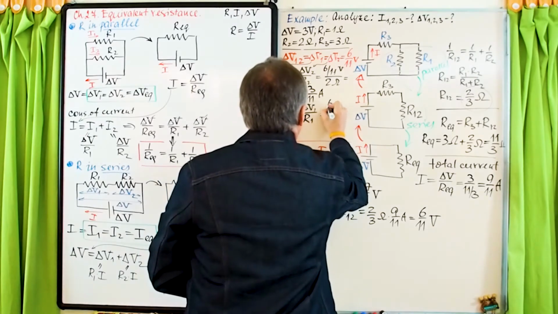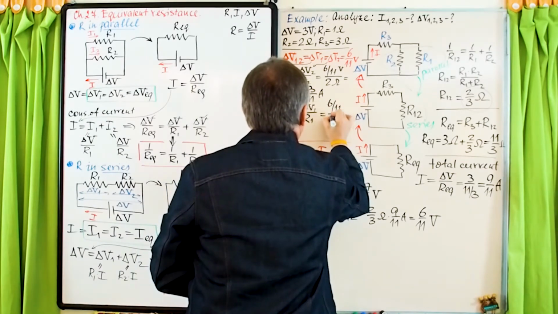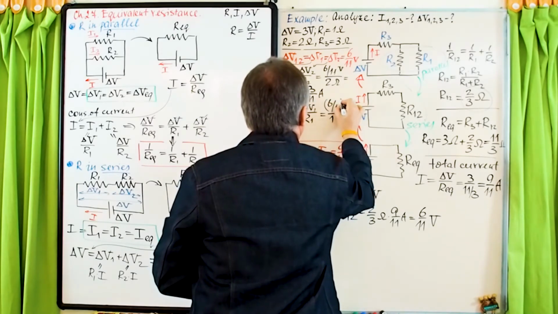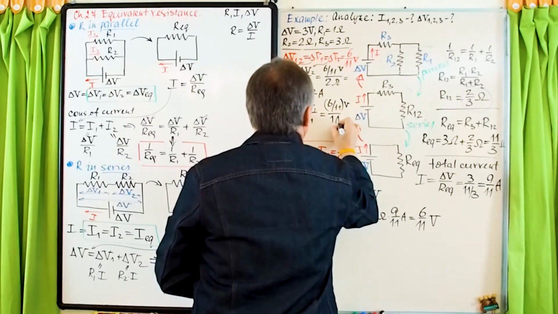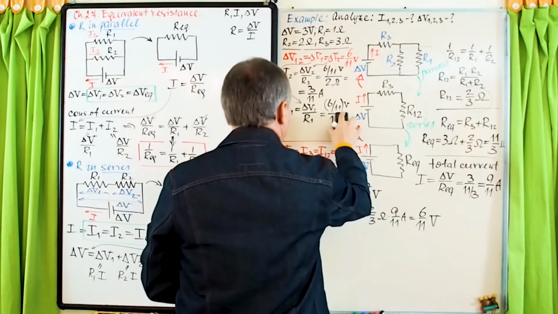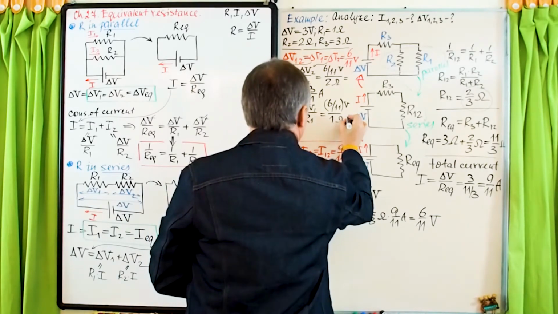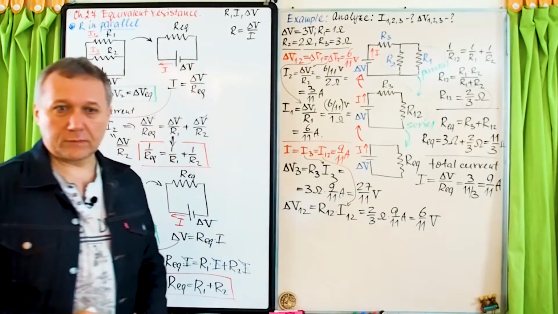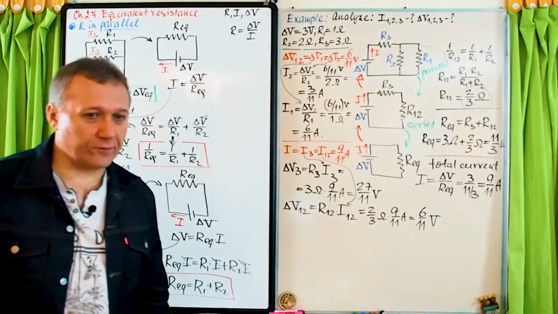So it's 6/11 divided by 1 ohm. So this is volts, this is ohms. So we will get just 6 over 11 amps. Done.